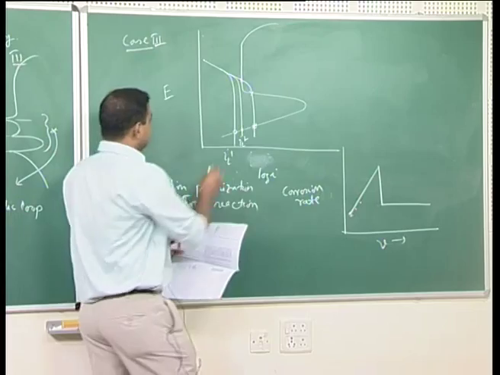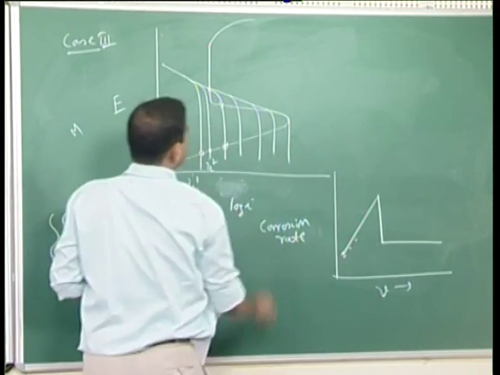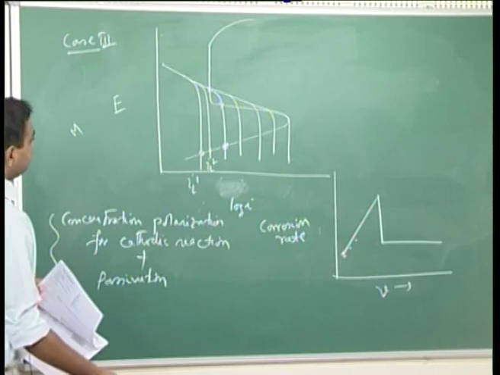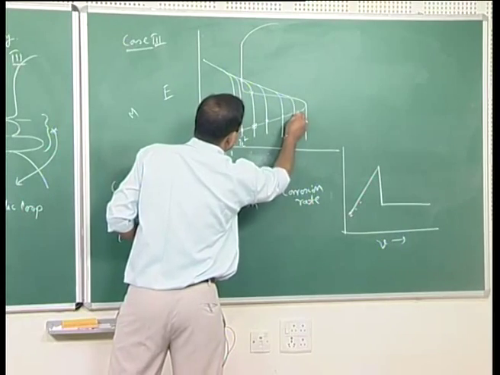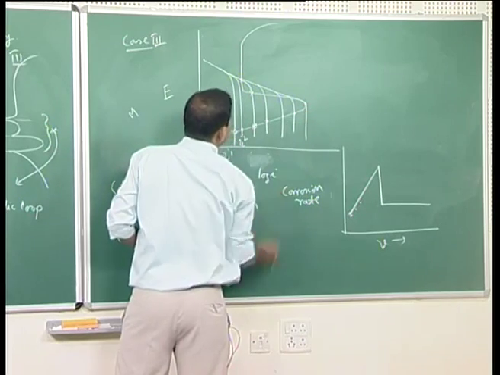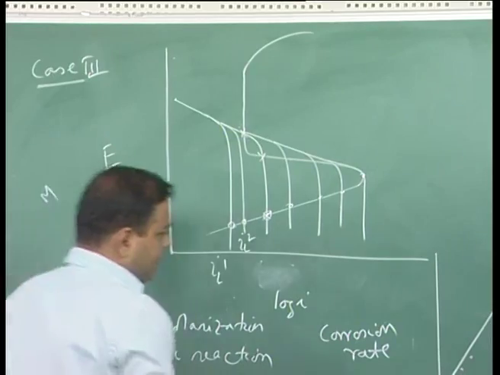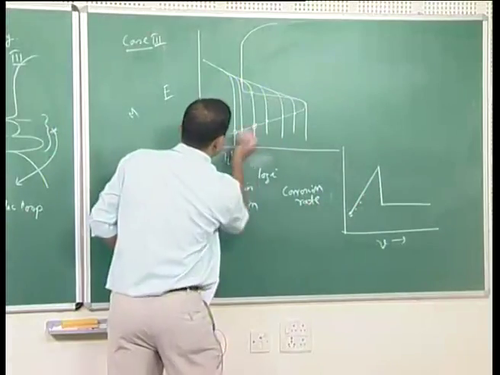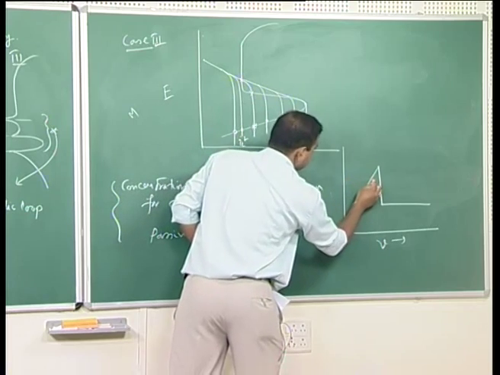Now, as I keep increasing, I see that this cathodic polarization line is cutting at 4 different positions. Let us say this point, again I am increasing, because current density is increasing, this point current density is increasing, this point current density is increasing.